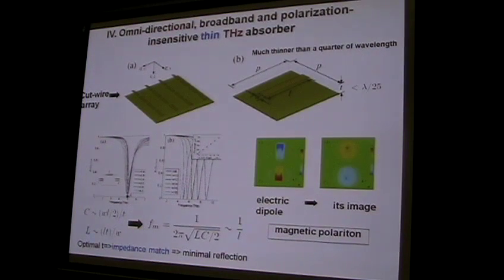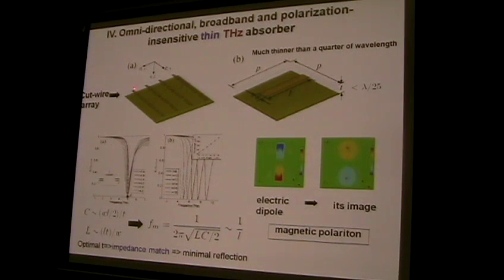That means for any angle of incidence, we want to absorb the light. We tested at terahertz first because of the measurement. We want to absorb the terahertz spectrum. So what we did here is a cutaway of the array of electro dipoles, similar to the one I showed you earlier.